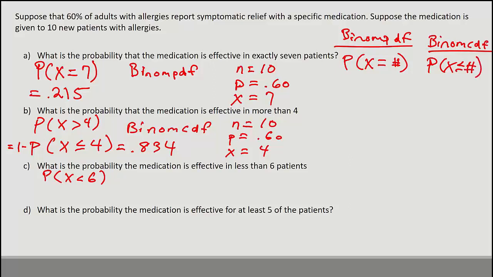So whenever you have a strictly less than, we have to make it look like a less than or equal to. We're pointing in the right direction, so to speak, but it's a less than, not a less than or equal to.